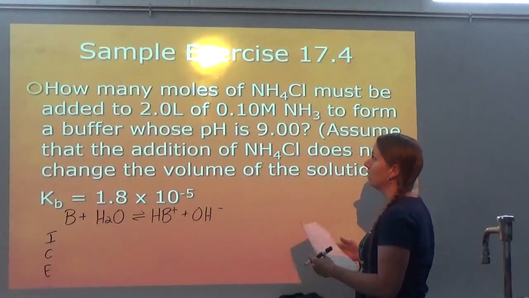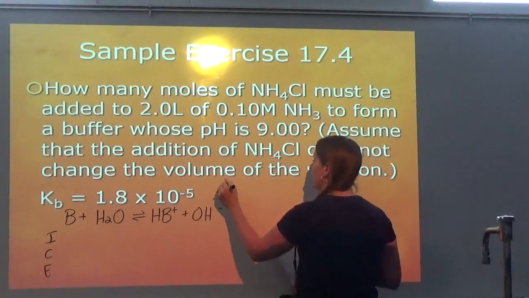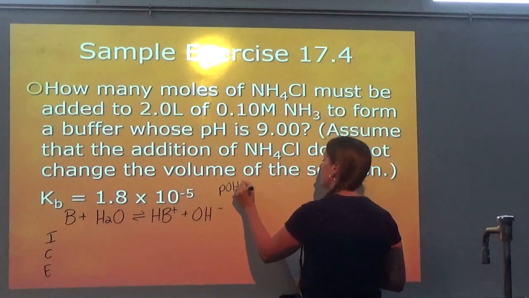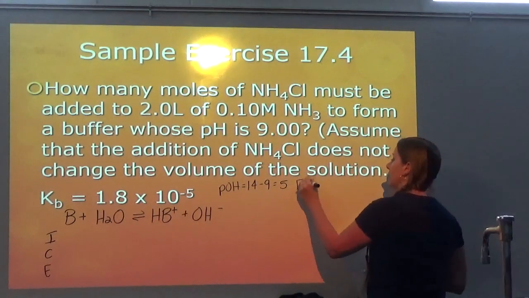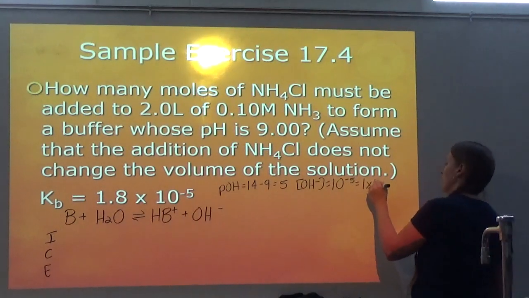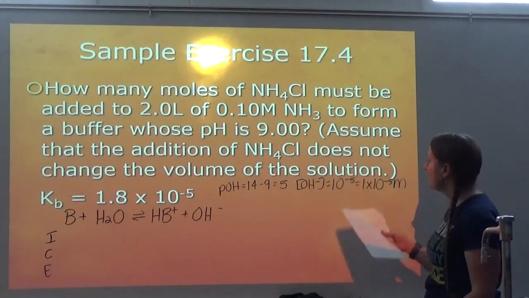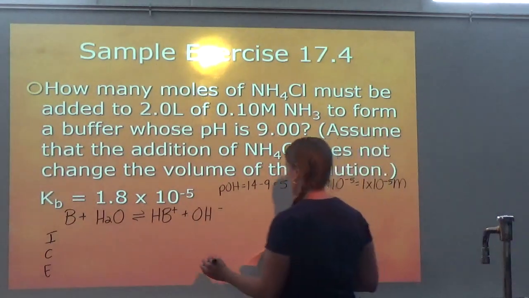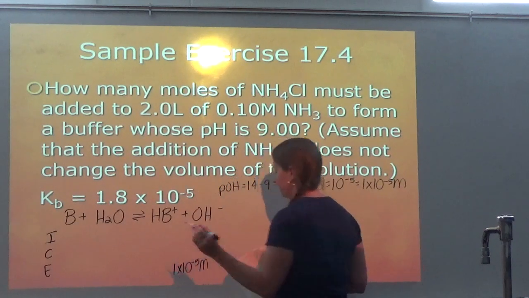If my pH is 9, then pOH is 14 minus 9, which is 5. Then OH minus is 10 to the negative 5, which is just 1 times 10 to the negative 5.